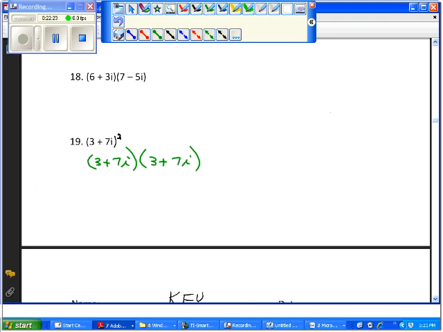which we would do with the FOIL method if that's what you're used to. We're going to distribute the 3 through. 3 times 3 is 9. Distribute the 3 through, 21i. And then we're going to send the 7i through. 7i times 3 is 21i. And then 7i times 7i is 49i squared. Remember, when you multiply with like bases, you add the exponents.